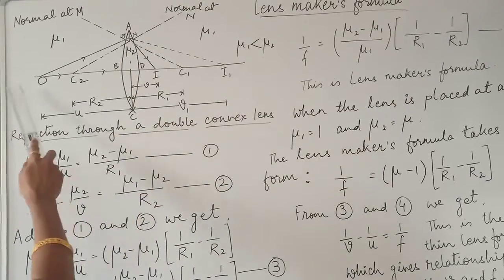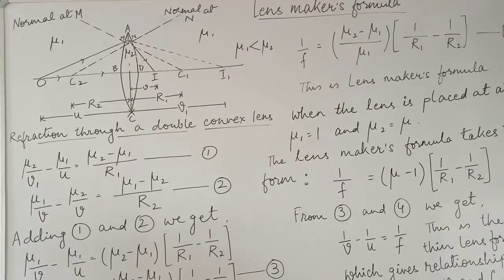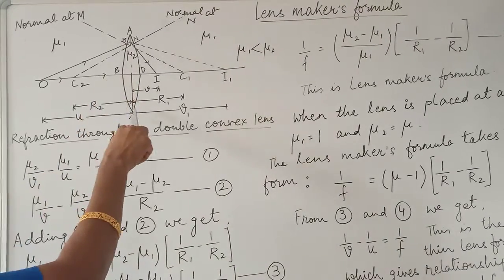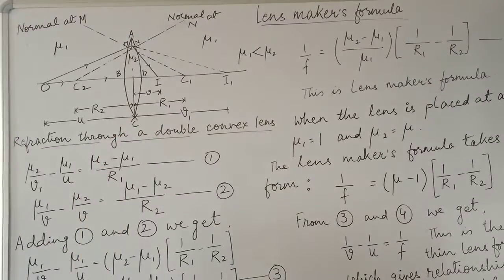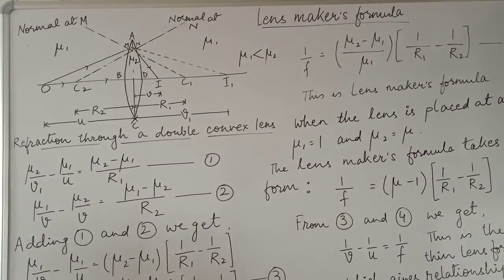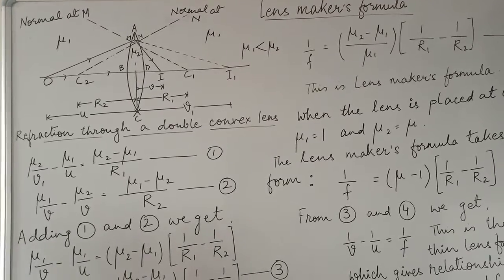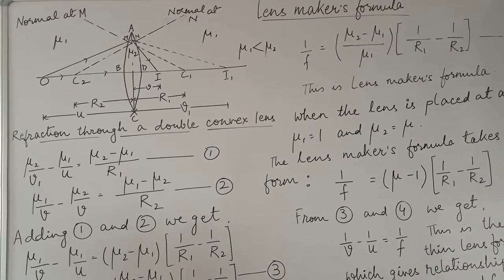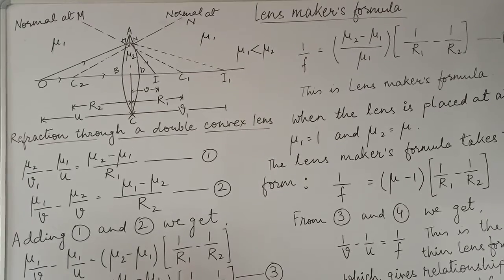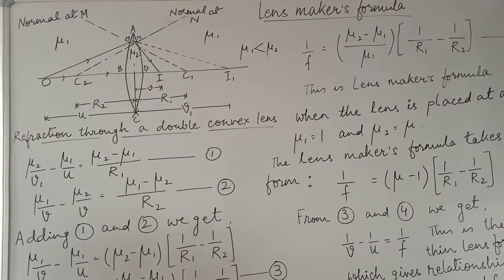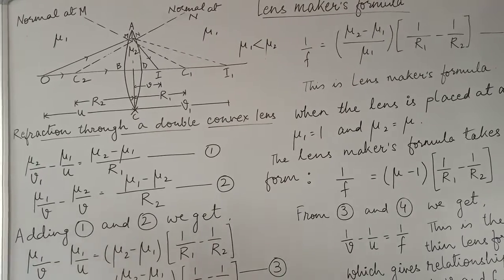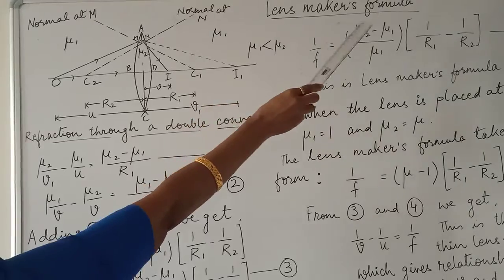The aperture of the lens is small. All the rays are paraxial, that is, they make very small angles with the normals to the lens faces and with the principal axis.